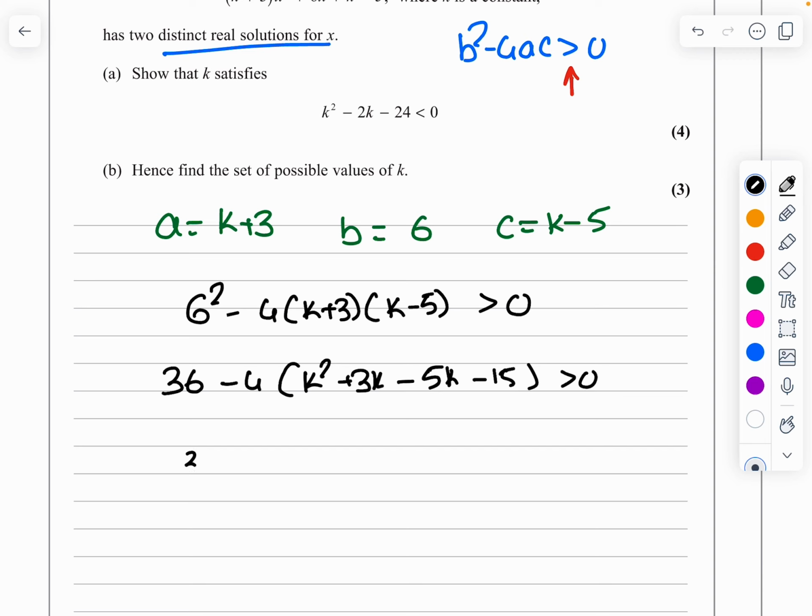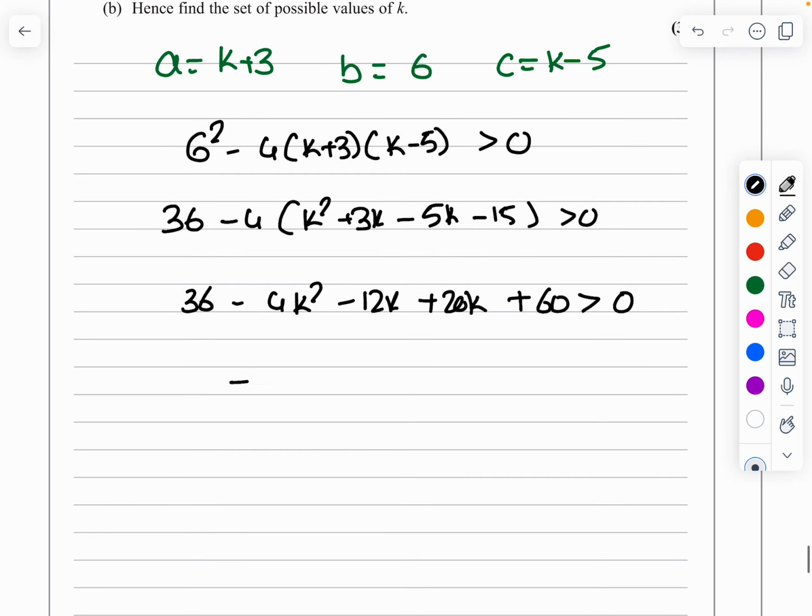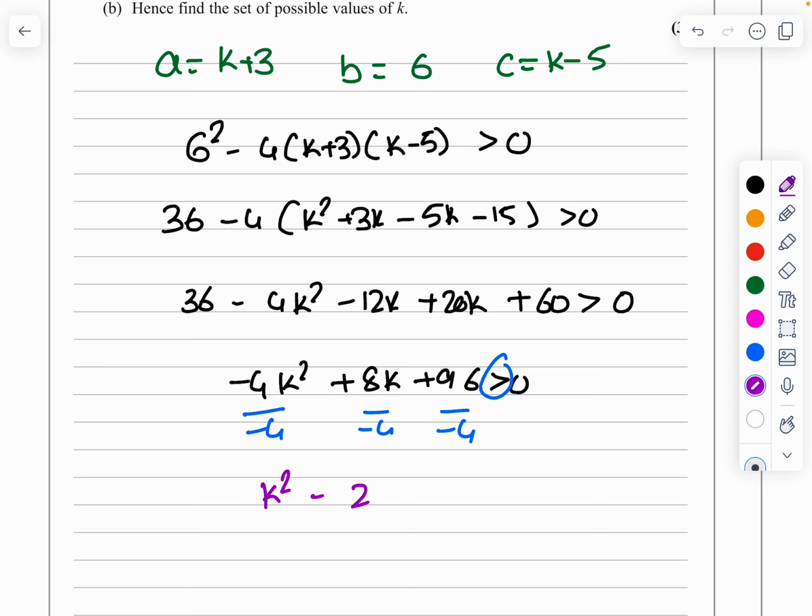So it becomes 36 minus 4k square plus 12 minus 12k plus 20k plus 60 is greater than 0. So it becomes negative 4k square plus 8k plus 96 is greater than 0. Divide by negative 4. When I divide by negative 4, the inequality symbol changes. So it becomes k square minus 2k minus 24 is less than 0.